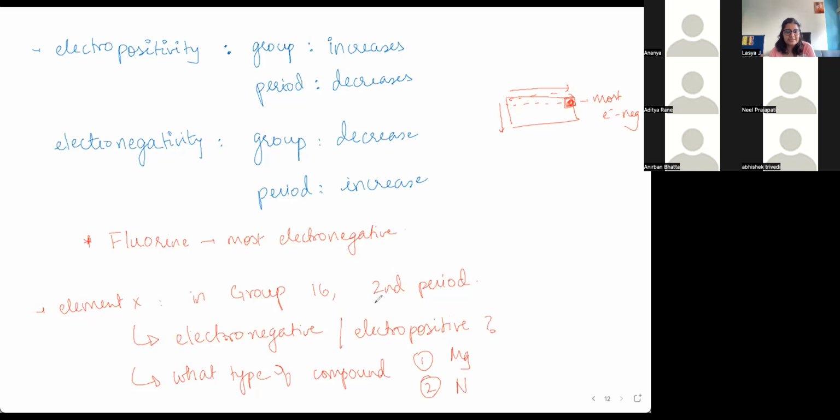Anirban, no, group 16, second period. So that formula for magnesium is wrong. Check again. And second, when asked what type of compound, answer with ionic or covalent.